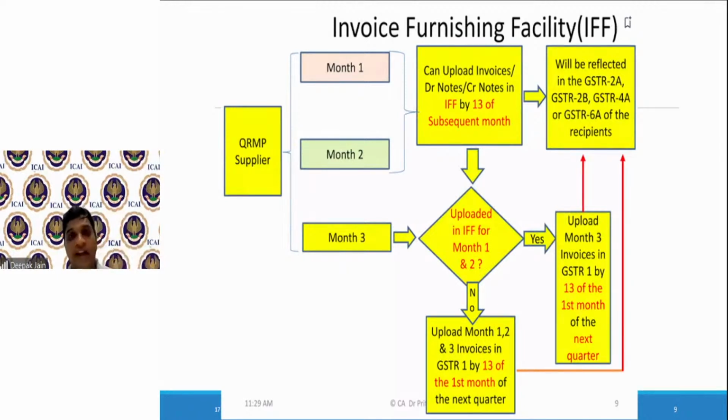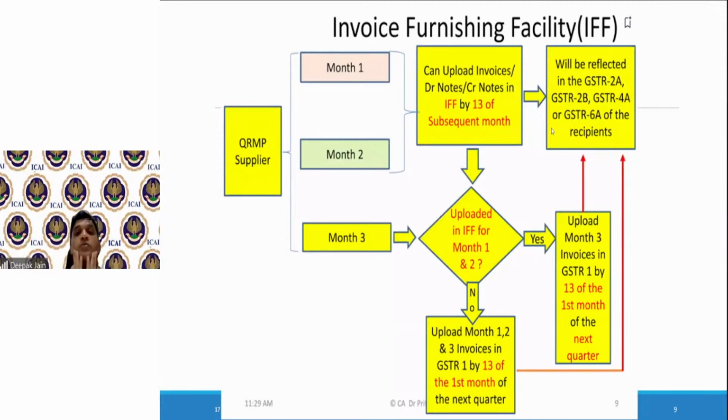So they will start crying. So what you do, you upload these invoices on a monthly basis. You file GSTR1 and GSTR3B on a quarterly basis, but for the customers who want the credit, you upload these invoices and credit notes in another mini GSTR1 called the invoice furnishing facility. That's the right word, invoice furnishing facility.